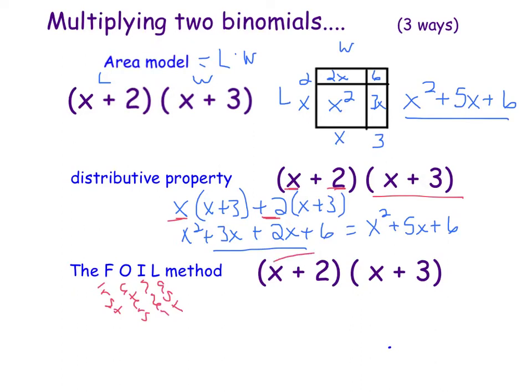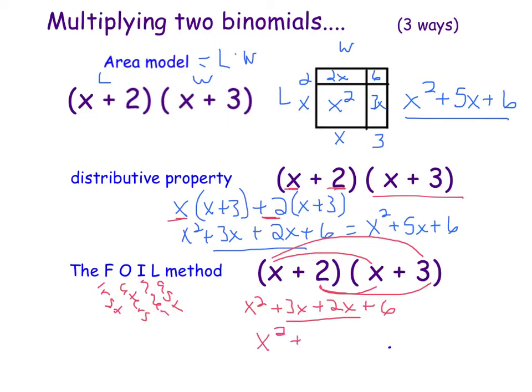So we could do our first terms, x times x is x squared, and our outer terms, so that is 3x, and our inner terms, which is 2x, and our last terms, which is 6. And then combine, and once again we get the same thing, x squared plus 5x plus 6. So first, we did our first, our outer, our inner, and our last.